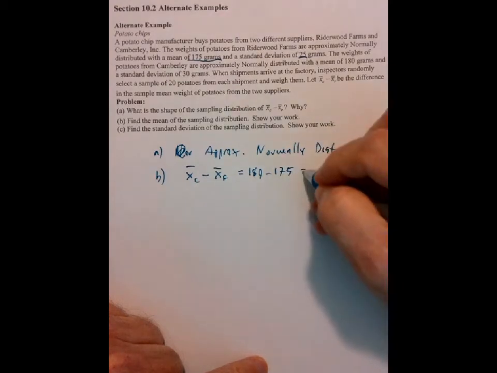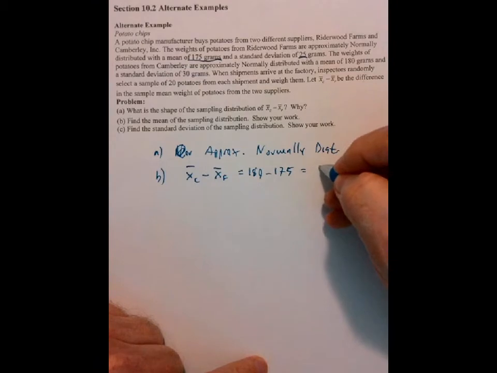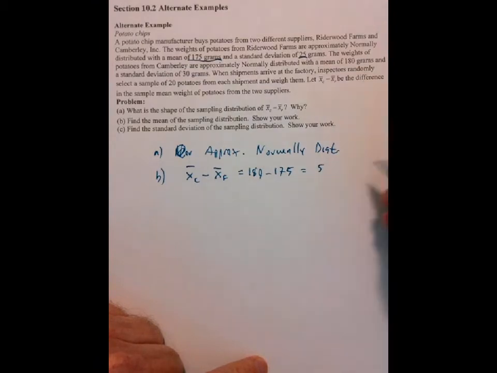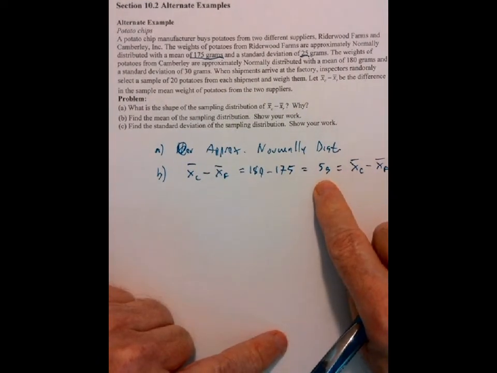I'm hesitating here to make sure I get them in the right order. So that's 5 grams. And that's equal to X bar Camberley minus X bar Riderwood Farms. Notice we get one single number. That's the average of our sample difference, right?